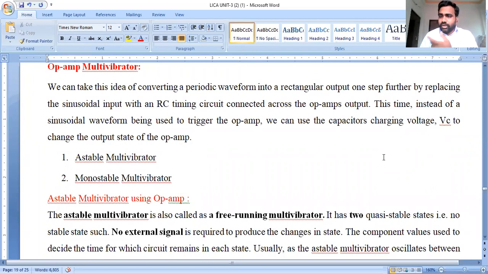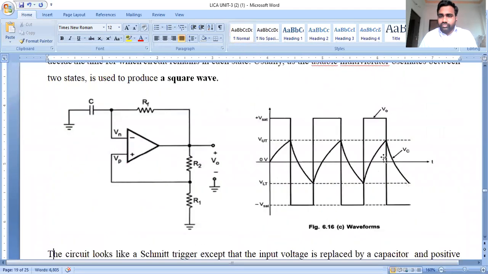Here the main difference between the application of multivibrators and previous applications like zero crossing detector or Schmitt trigger is that in this particular circuit configuration we don't use any external input supply. The circuit has positive feedback and is quite similar to the Schmitt trigger.